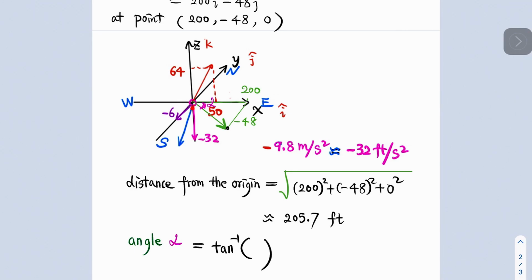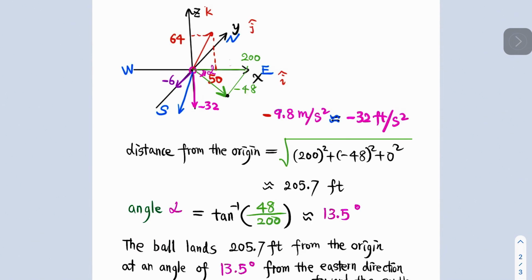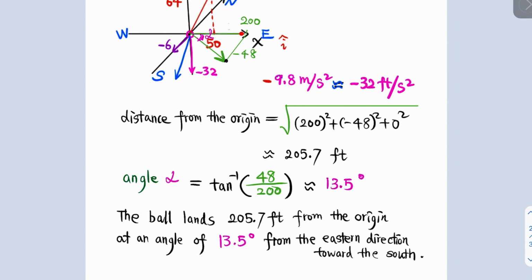We know it's going to be a negative angle, so let's just ignore the sign and put 48 over 200, which is about 13.5 degrees. We can conclude that the ball lands about 205.7 feet from the origin, at an angle of about 13.5 degrees from the eastern direction toward the south.